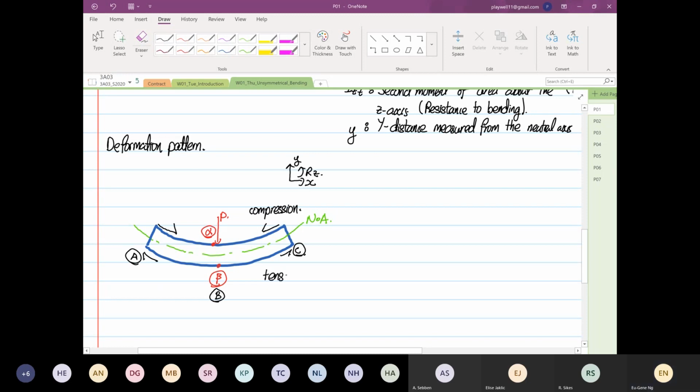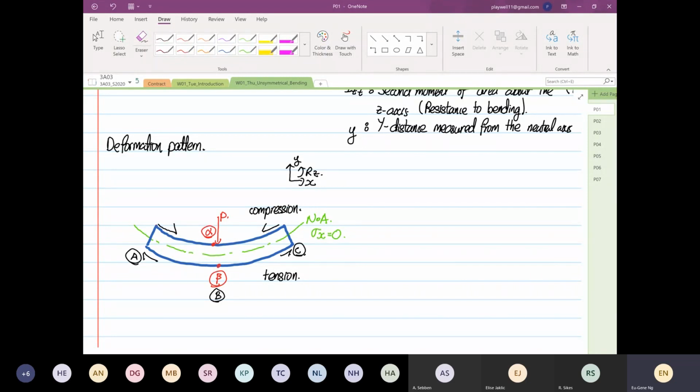Tension. Okay. So at the neutral axis, the stress in the x direction is equal to what? 0. So we are calculating stress in the x direction for this case. Now the interesting thing is, why is it minus?